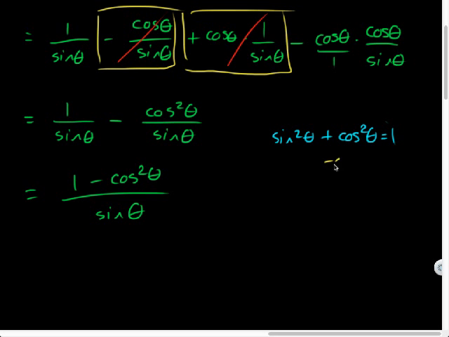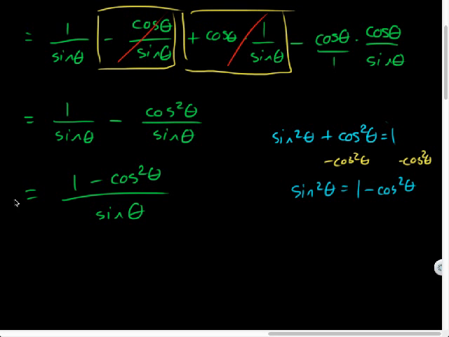The manipulation is kind of all up to you. But if I subtract cos squared theta from both sides, that's a sine there. Sorry. So sine squared theta is equal to 1 minus cos squared theta.